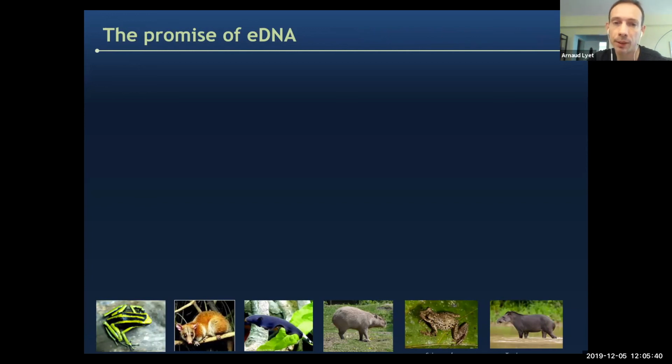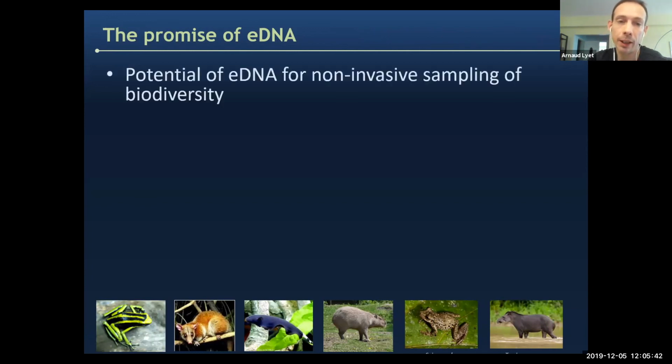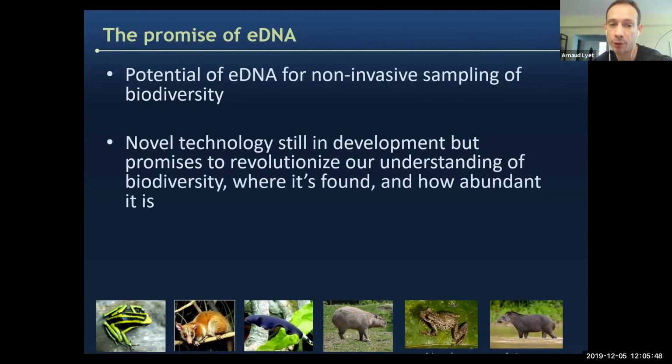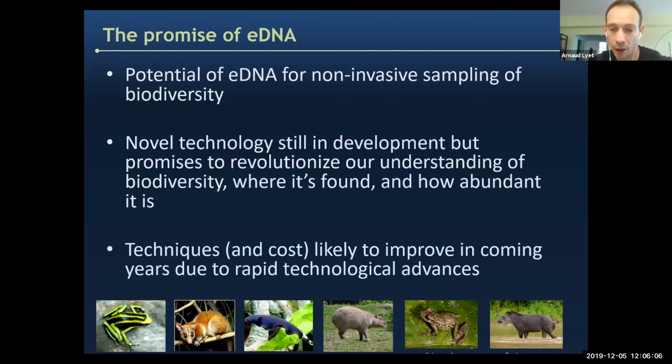So one of the promises for eDNA is clearly its potential for non-invasive sampling of biodiversity. It's a new technology that is still in development, but I really believe that it can revolutionize our understanding of biodiversity, where it's found, how abundant it is, and also be a much more cost-efficient technique for this kind of study.